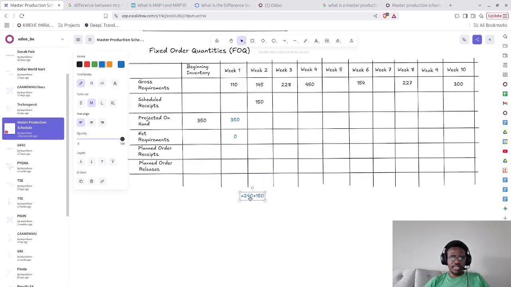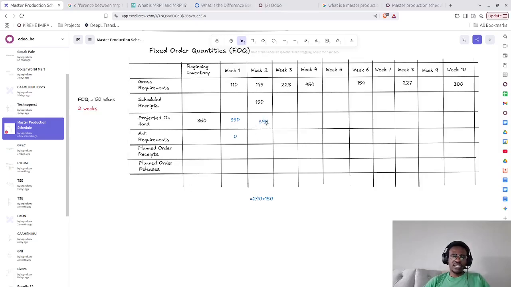Let's just do the math down here. So in total, what's the projected on hand in week 2? Remember, we've carried 240 forward and we're receiving 150. So 240 plus 150 is 390.